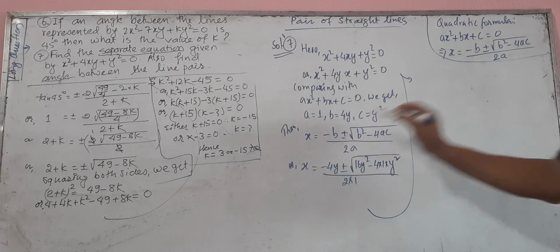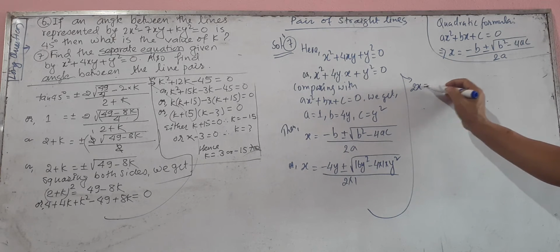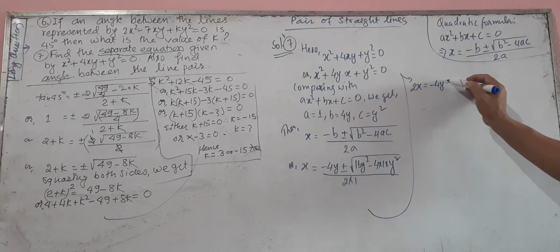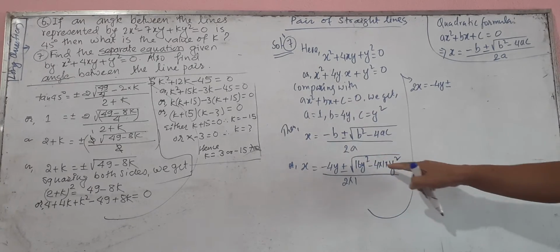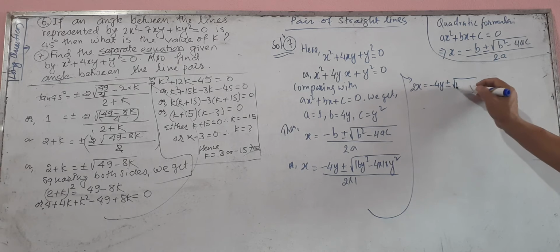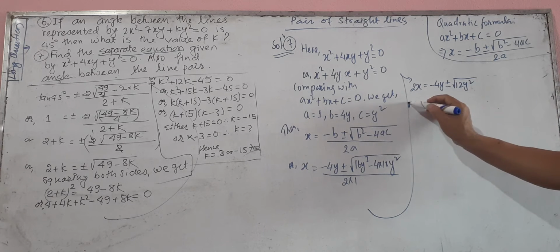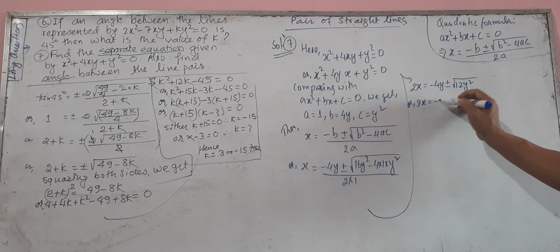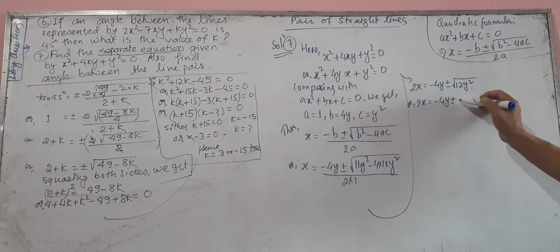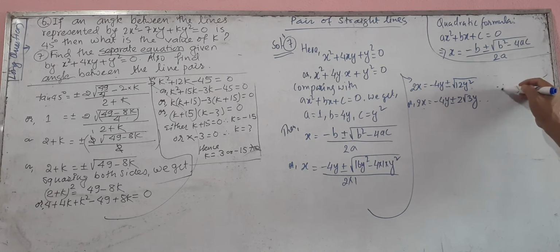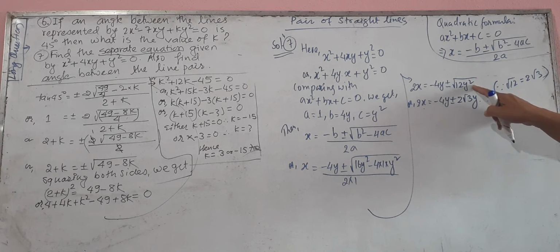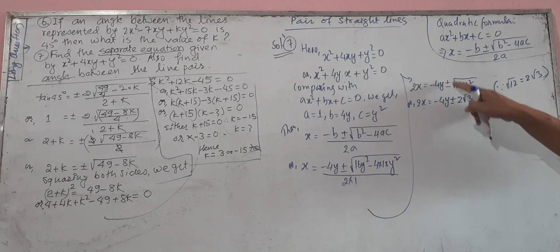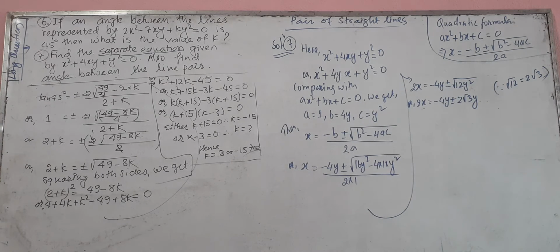By cross multiplication, 2x equals minus 4y plus minus root of 16y square minus 4y square, which becomes root of 12y square. So 2x equals minus 4y plus minus 2 root 3 y, since root 12 equals 2 root 3, and the square root of y square is y.